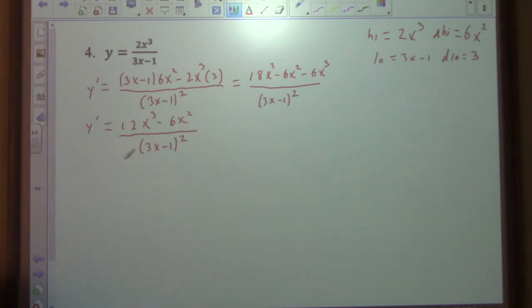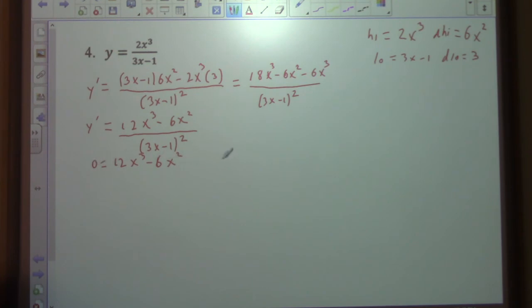Thank you. And so now, what we have in this instance, we have 0 is equal to 12x cubed minus 6x squared. And so we're going to find one critical number.